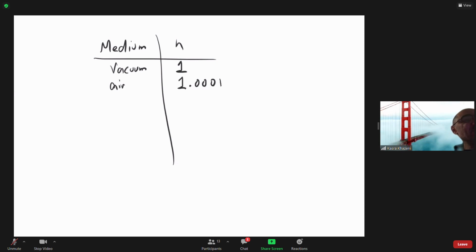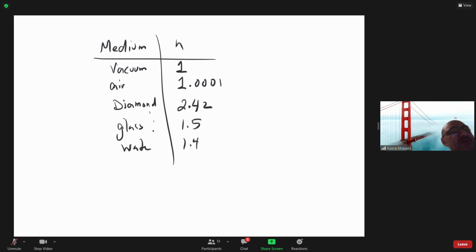There are all sorts of other indices. Diamond has one of the largest, 2.42, and so on. Everything else is in between. Glass is 1.5, and I think water is about 1.4. These are indices of refraction of different materials.